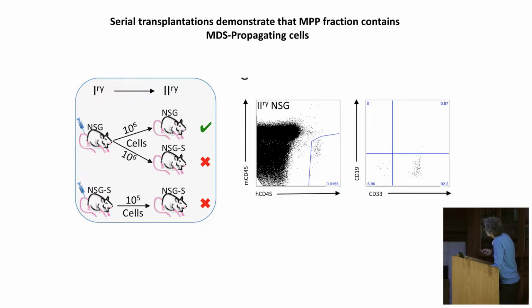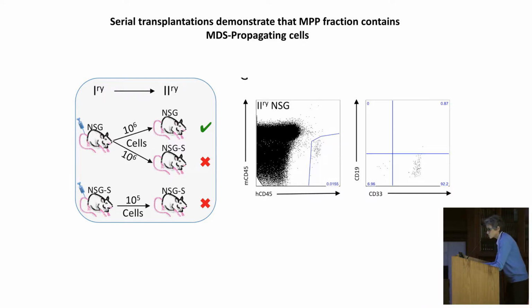We injected NHGS, but the NHG, we split the cells into NHG or NHGS in secondary, and only the NHG gave rise to malignant engraftment, indicating that indeed, at least in these patients, we have proved that the engraftment and the propagating cells is not an HSC-like cell, but an MPP-like.